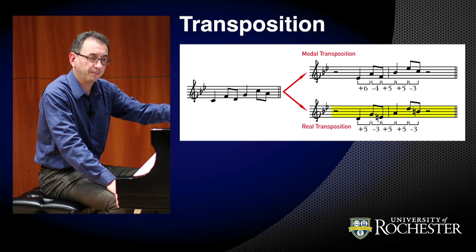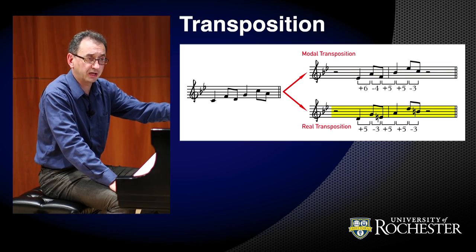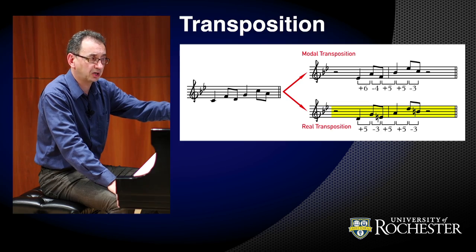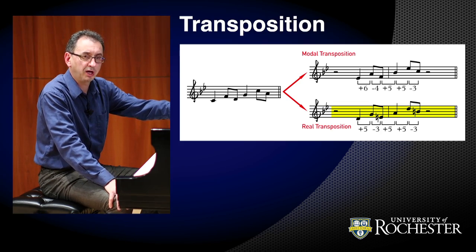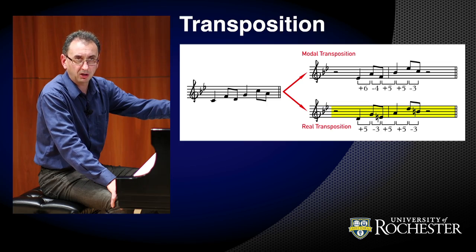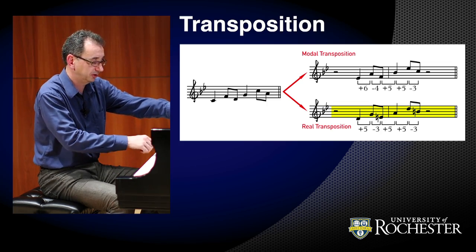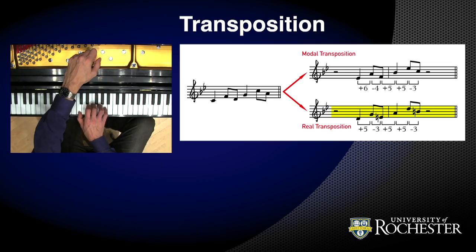Real transposition, on the other hand, preserves the exact intervallic content of the original motive. So most likely you're going to encounter chromatic pitches when you start applying real transposition. So again, our original motive, real transposition preserves the intervallic content of the original. Right?